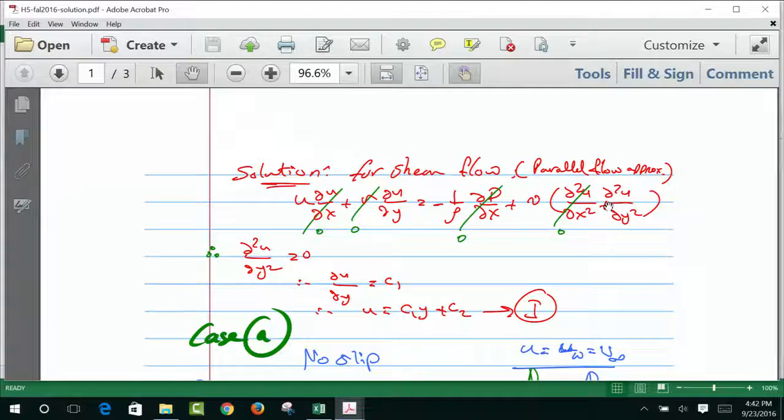When we integrate any differential equation, when you want to solve it, or in other words, when you want to find the variable in terms of its independent variables, x and y, or whatever, r and z, or r and t, you always want boundary conditions. You cannot integrate a partial differential equation without the boundary condition. So those are the ones that will be different for no slab or slab.